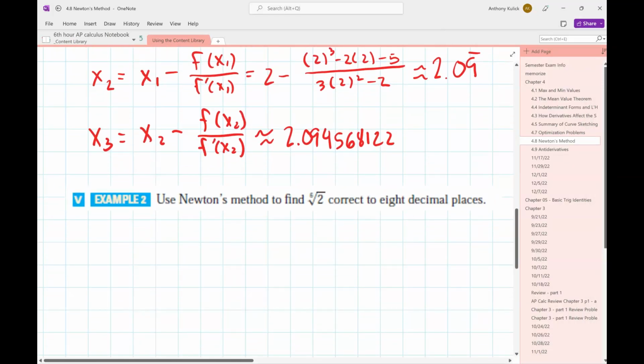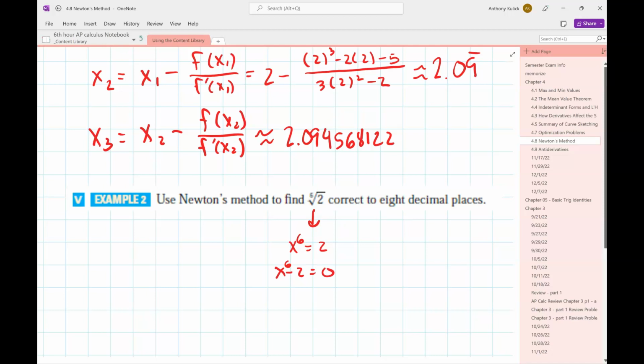Let's do another one. It says use Newton's method to find the 6th root of 2 correct to 8 decimal places. So if I want the 6th root of 2, I need to start by turning that into an equation. x to the 6th is equal to 2. Everybody agree with that? And I need that to equal 0.